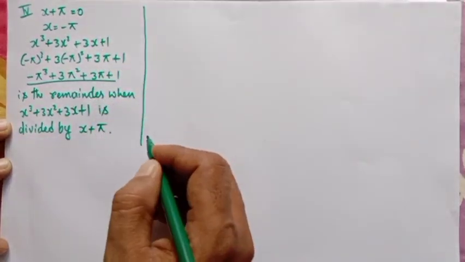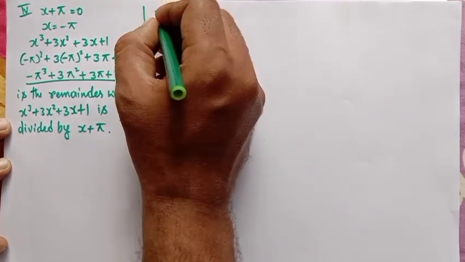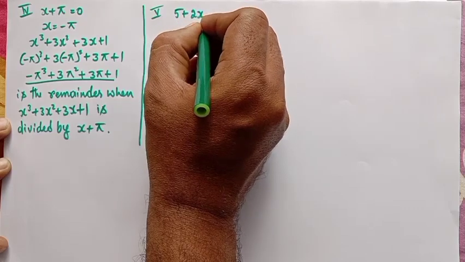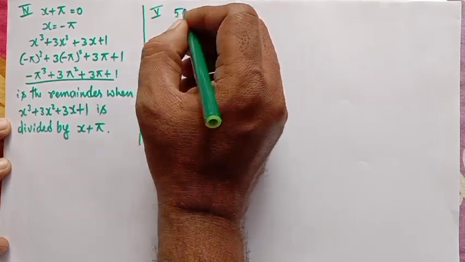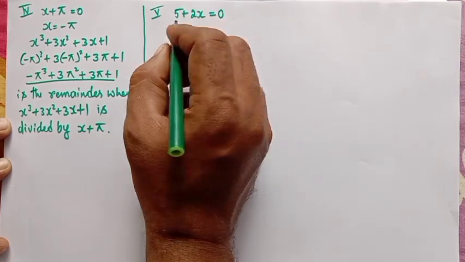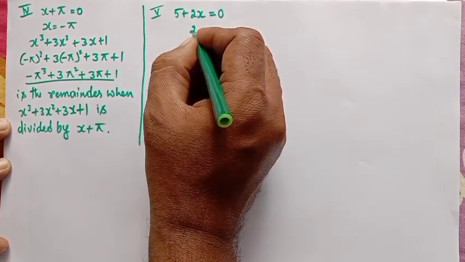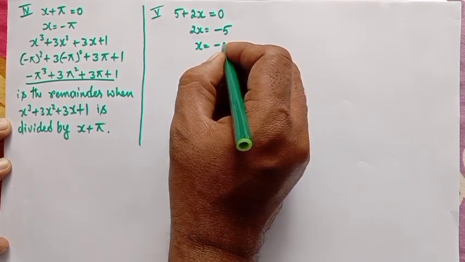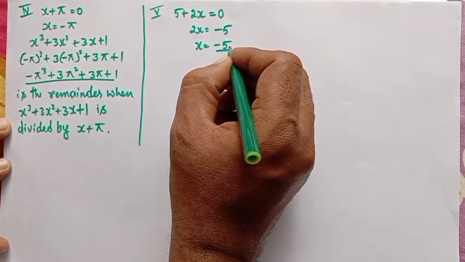Now let us move on to the last problem, 5 plus 2x. Let us equate this once again to 0 to get the value of x. So 2x is equal to minus 5, x is equal to minus 5 by 2.